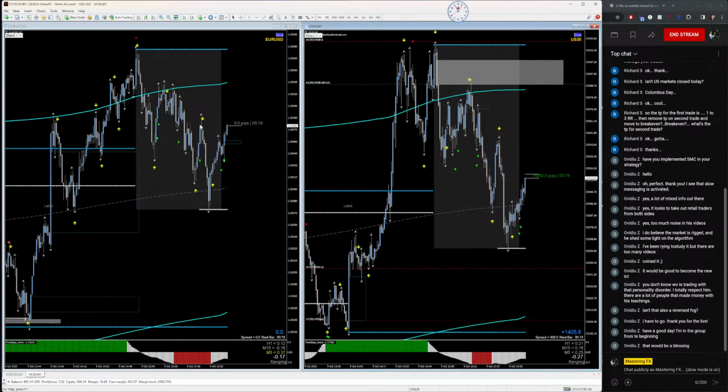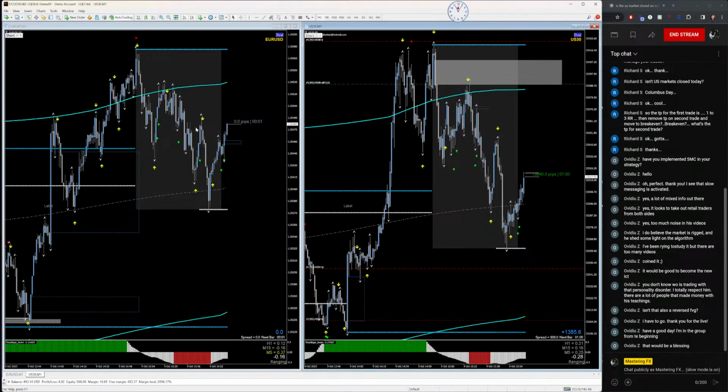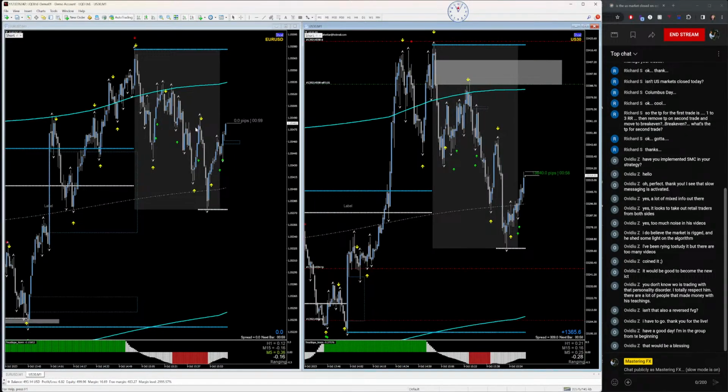Besides, I haven't backtested the afternoon session yet, and even though this is a demo account and I'm testing anyway, I'd rather collect some data first before I trade a strategy, if that makes sense. And in this case, I did backtest it, so I'm confident to trade it, not on a live account yet, but at least live on a demo account.